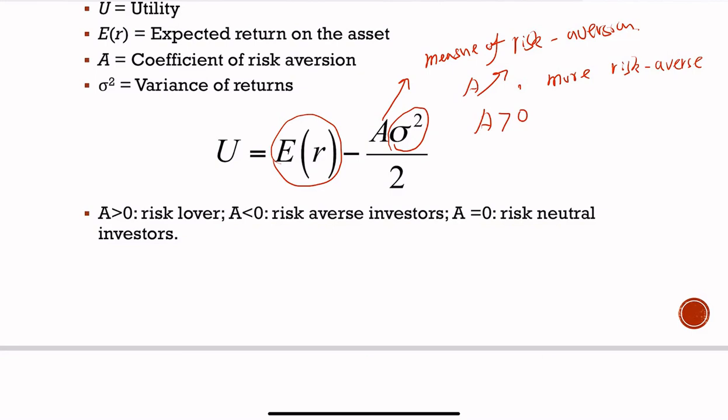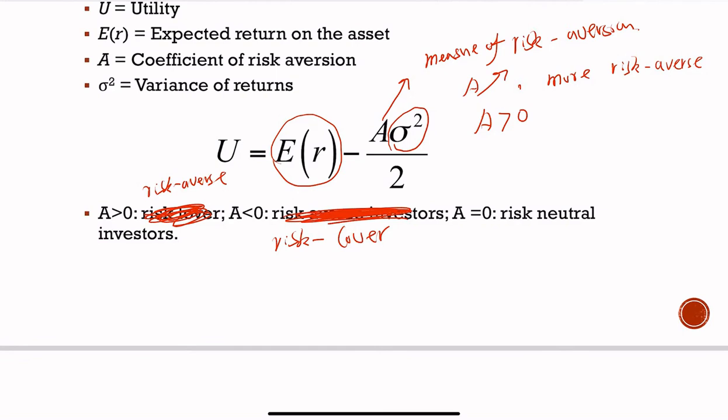So if A is larger than 0, then it means you're risk averse. And if A is smaller than 0, then it means you're a risk lover, you love risk. And if A is equal to 0, then it means you're risk neutral. That is, you don't really care about risk.